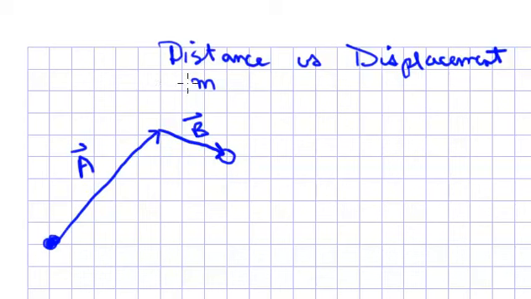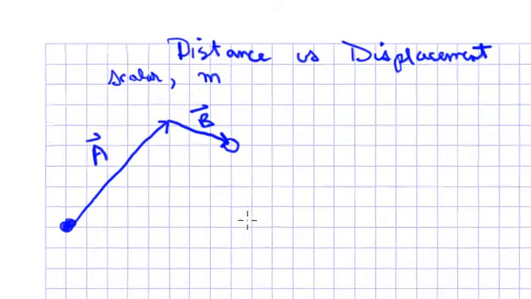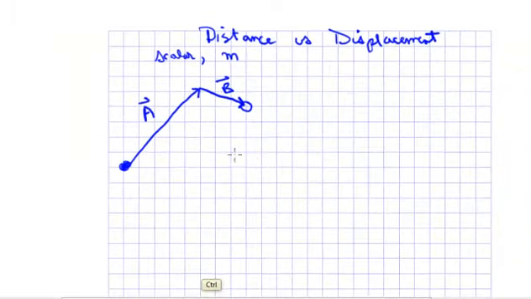Point number two is that it is a scalar. It's only one number. It's like an odometer in your car. Your odometer doesn't tell you what direction you're going, it only tells you how many miles you have accumulated. And so the distance is going to be the sum of these two.